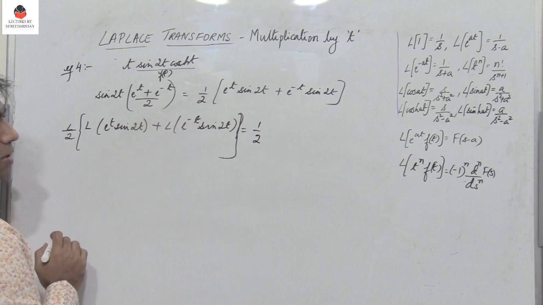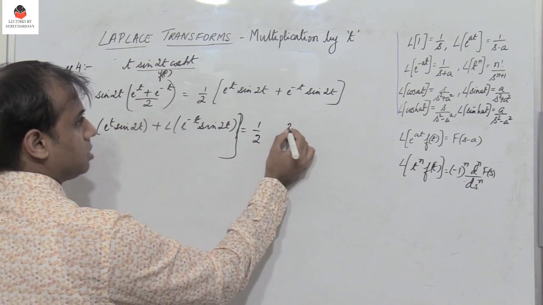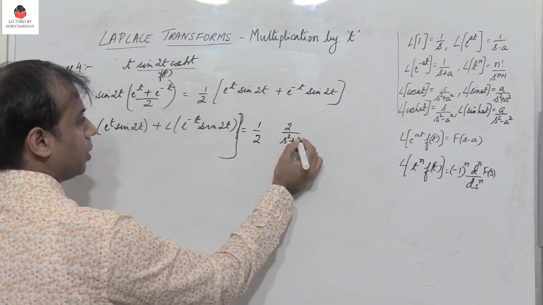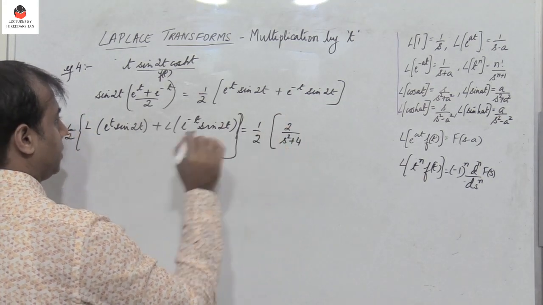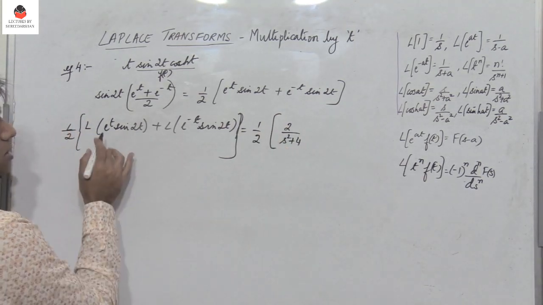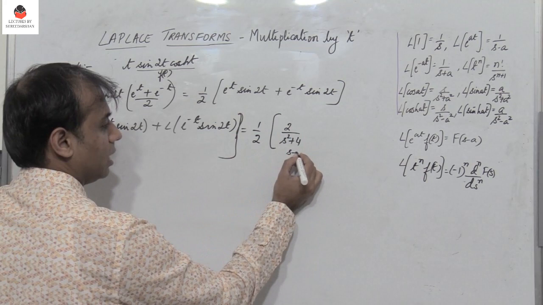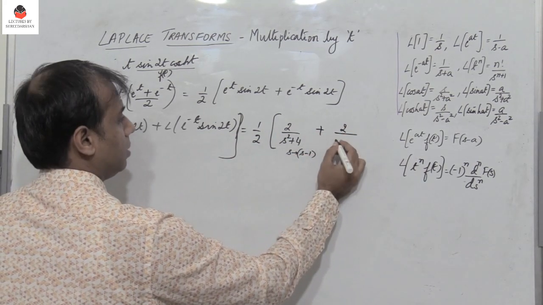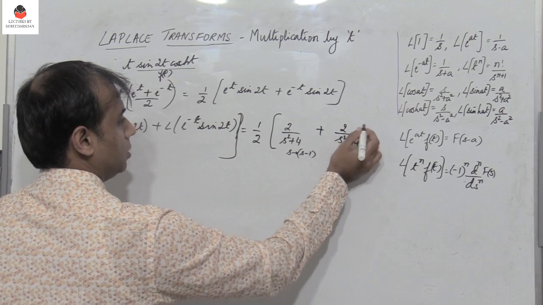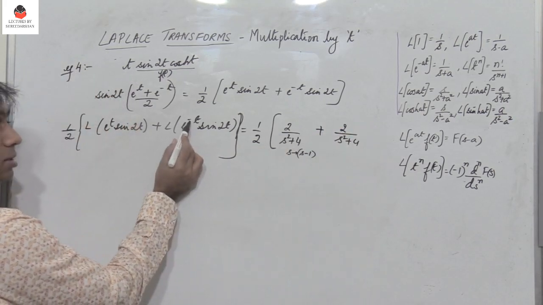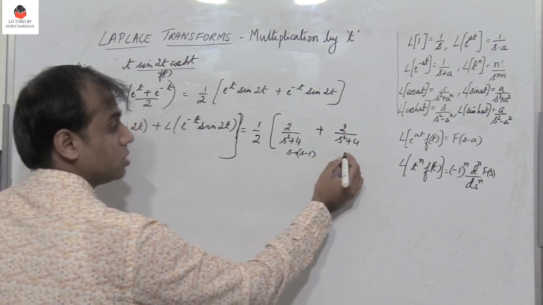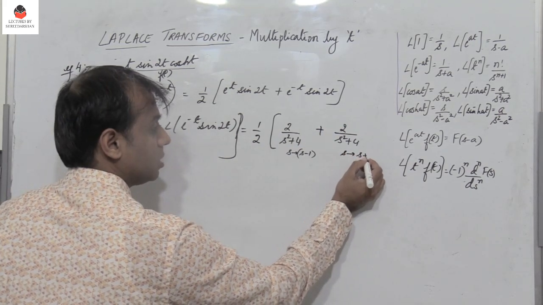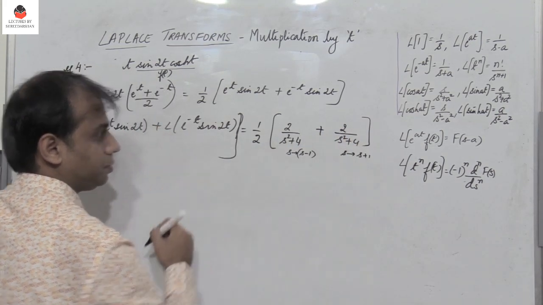Laplace transform of sine 2t is 2 divided by s square plus 4. And here a is 1. So wherever s is there, replace it by s minus 1. Plus 2 divided by s square plus 4. So this is e power minus t. So a is minus 1. So wherever s is there, replace it by s plus 1.